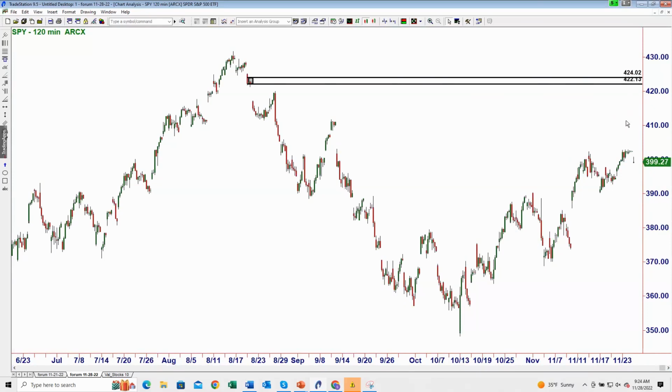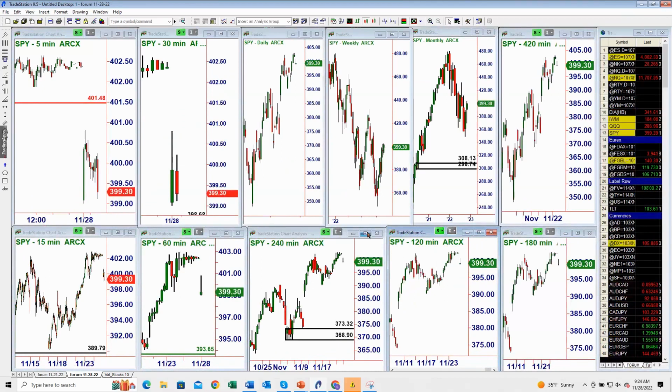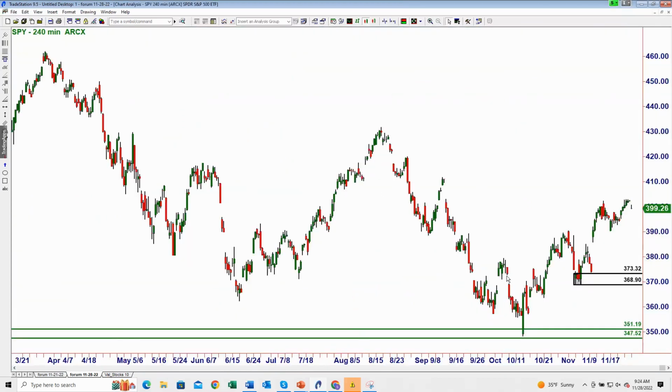Does that make sense? Okay. All of this, of course, as we've talked about many times in the sessions, is from the rally from the 351 outside the range demand zone, which happens to be the low of the year so far, right? Okay.